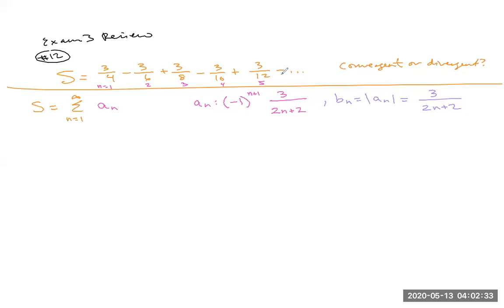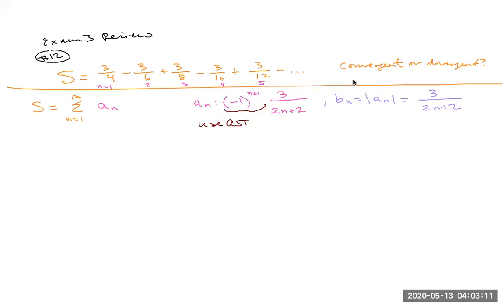Whenever you see the negative stuff, or you see alternating values inside your series, then you want to use AST. So now the first thing, B sub n, no matter what the n value, n being 1 to infinity, it's going to be positive. You don't have to state that part. It's okay.